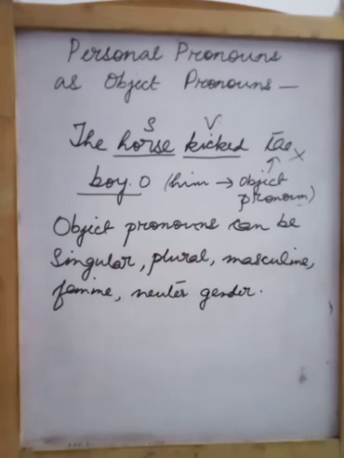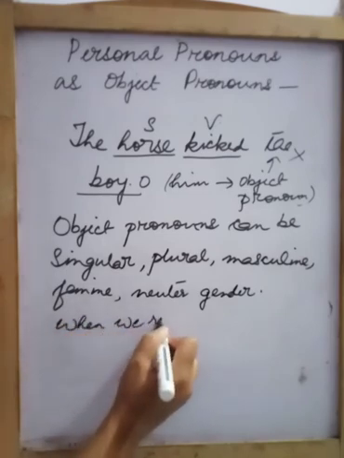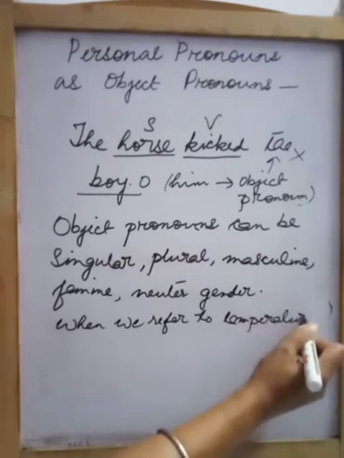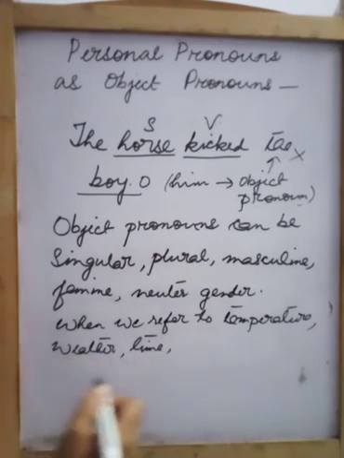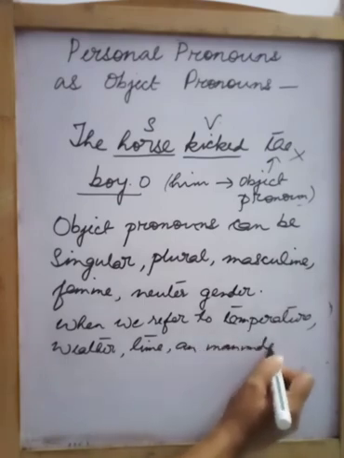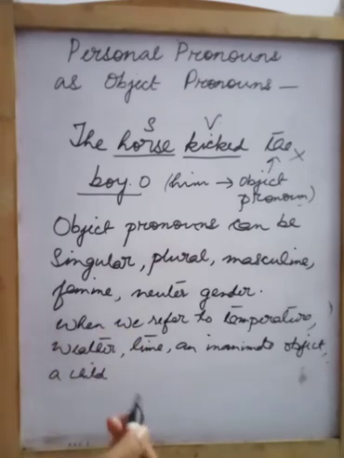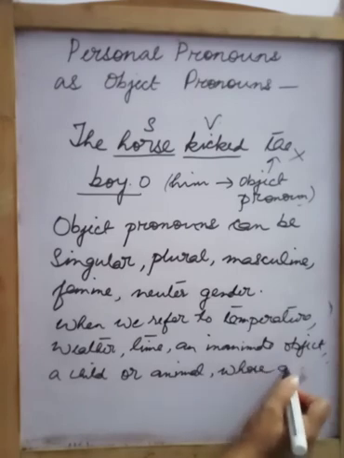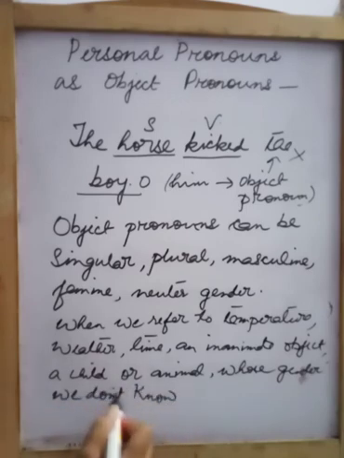And also when we refer to the weather, temperature, time, or any non-living thing, an inanimate object, or maybe a child whose gender we do not know, or an animal whose gender we are not sure about, in that case, gender we don't know, so we use what?